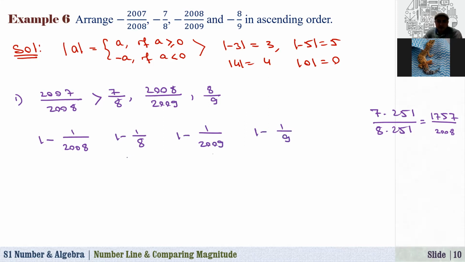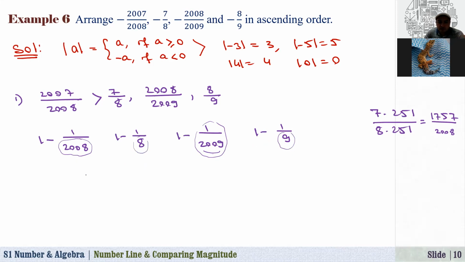So see here, the smallest fraction is actually the biggest, because the denominator is the biggest. After that, it is 2008, then this one is 9, and this one is 8.